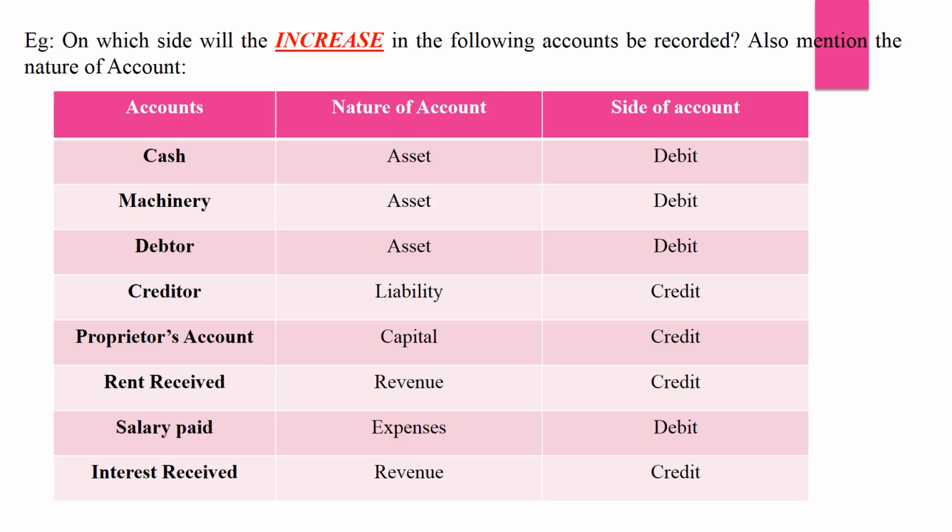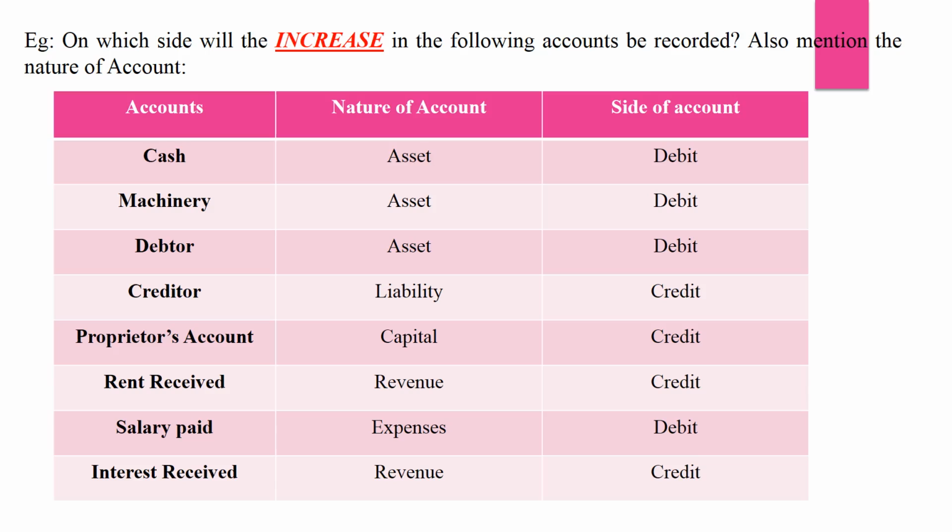So first is your cash. Cash is your asset and increase in asset will be recorded on the debit side. Second is your machinery. Machinery is also an asset, and increase in machinery will be recorded on the debit side.